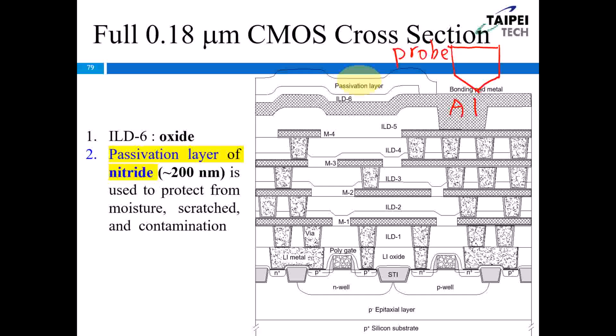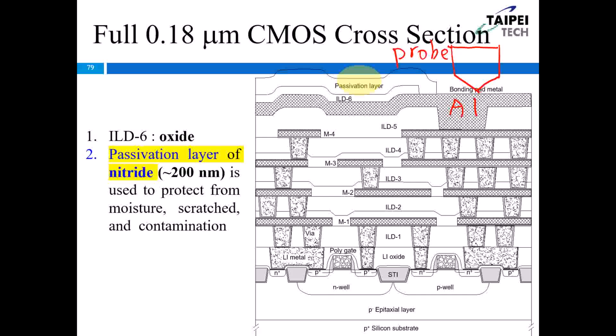And then we can provide the voltage and measure the current from the bonding pad here, okay? So after we finish this chip, for the final test, we use the probe to come into contact with the bonding pad, apply the voltage, and measure the current, for example.